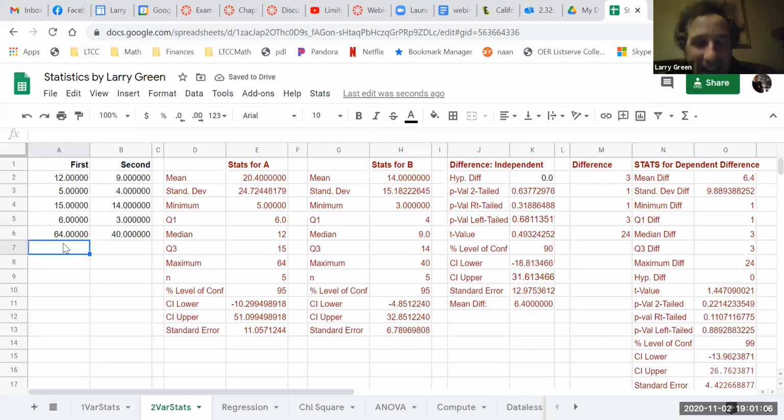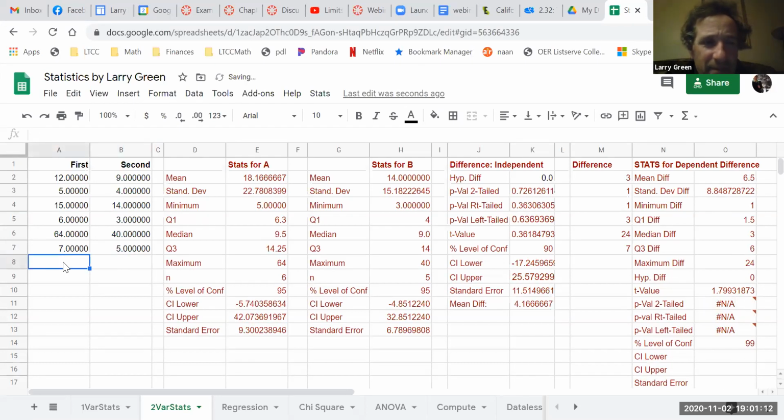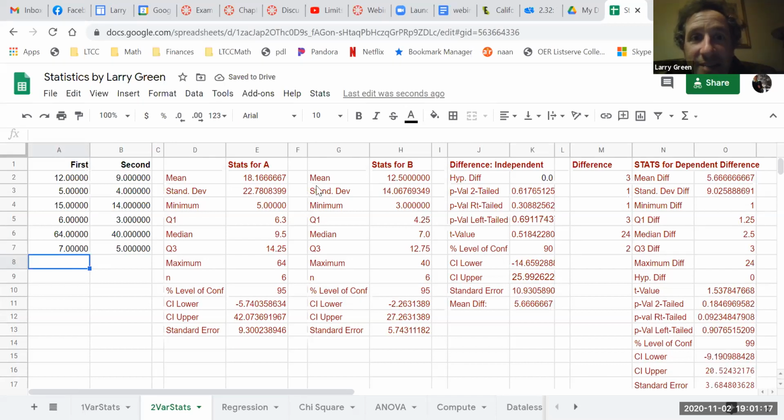Okay, 7, 5. Anyone else? See who we don't have yet. Again, if it's not in the same line, I can't type it in because it's already off my screen. Okay, no one else? Okay.